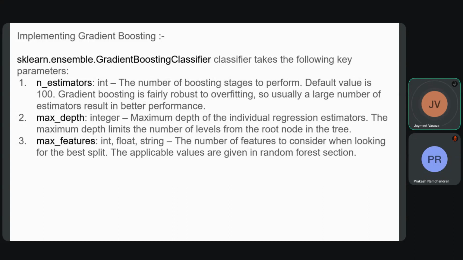Then the maximum depth of individual regression estimators. The maximum depth limits the number of levels from the root node in the tree. Then max features, the number of features to consider when looking for the best split. The applicable values are given in the random forest section.